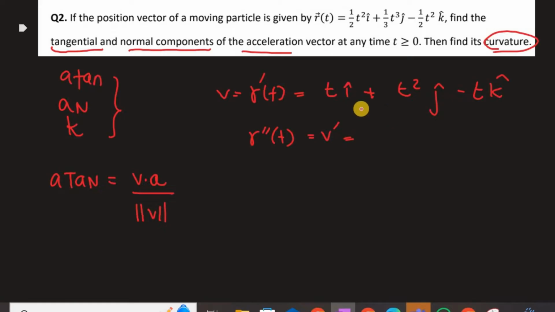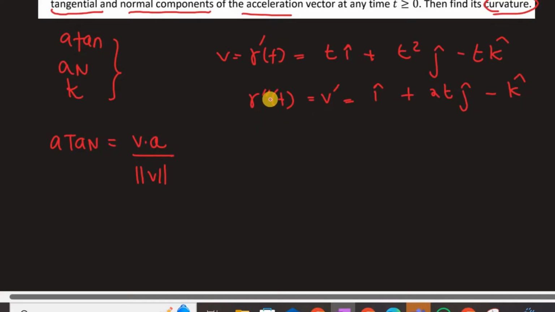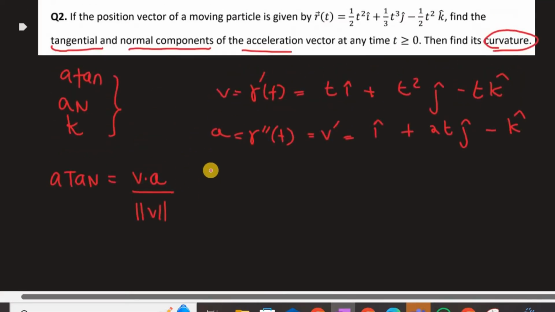So let's go ahead and do this. So if you take the derivative of t, that's a variable, so it's gonna be 1. The derivative of t squared is gonna be 2t, that's really simple, and this is gonna be negative 1, so we're just gonna write k.